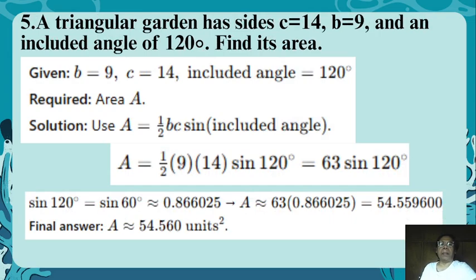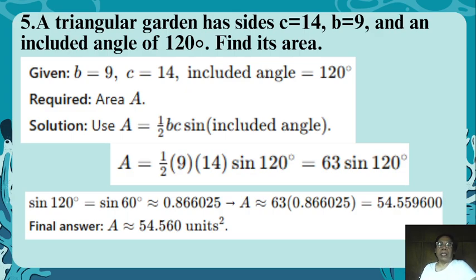Number 5. A triangular garden has side c 14, side b 9, and an included angle of 120 degrees. Find its area. So we are given side b 9, side c 14, included angle, which is angle A, is 120 degrees.